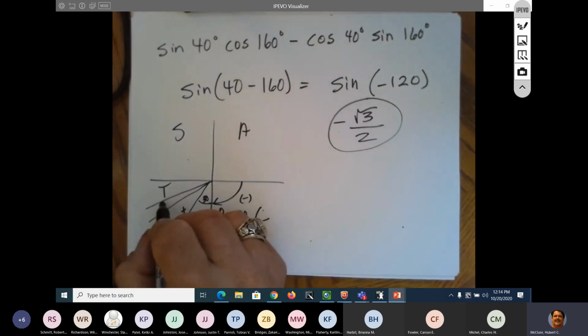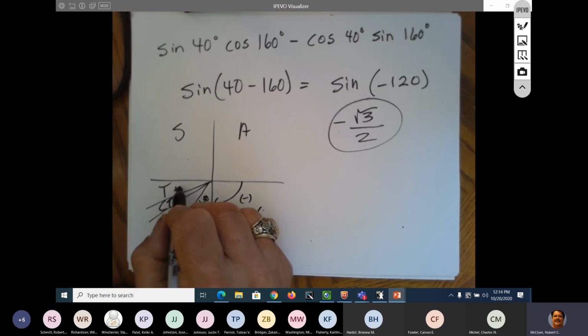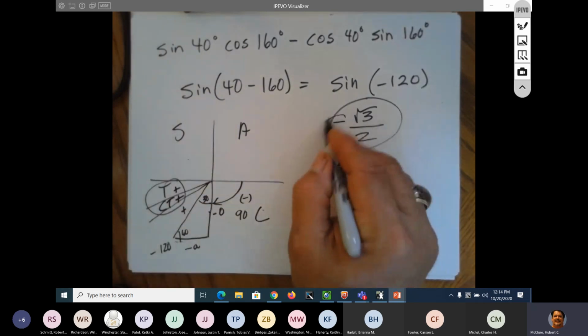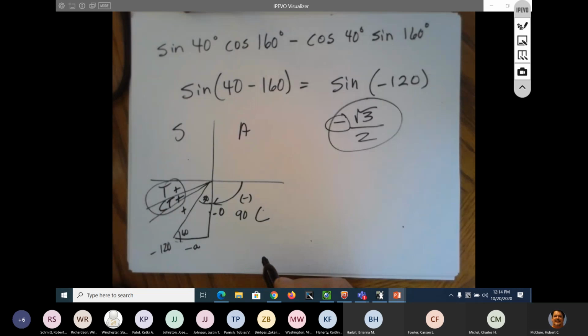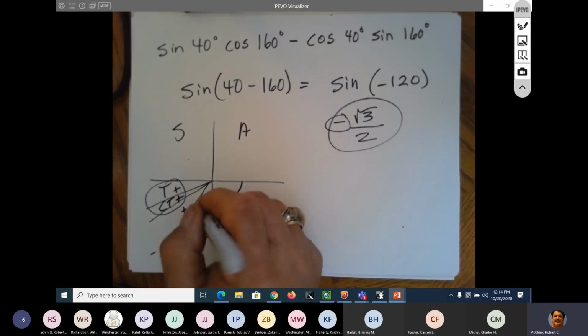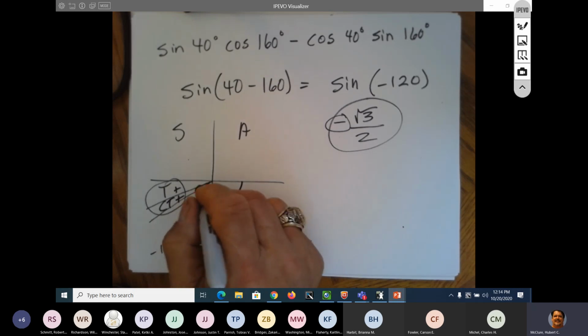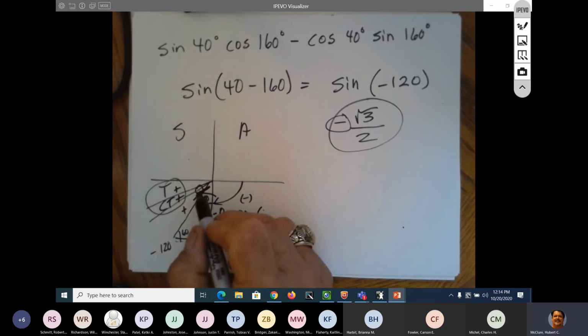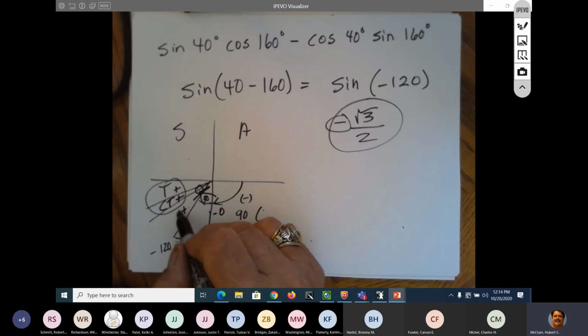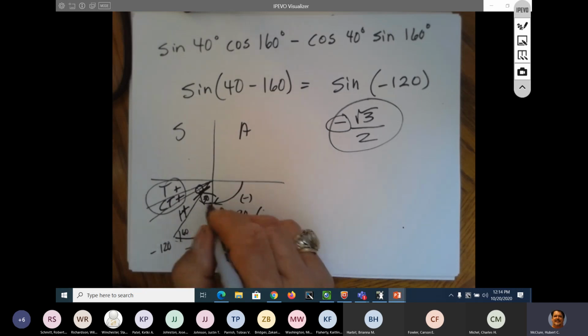So the only thing positive is the tangent and the cotangent. So the sine is going to be negative. And now all you have to do is just say, well, what is the sine? Well, my triangle is right here. So that's the hypotenuse, and this is the adjacent.